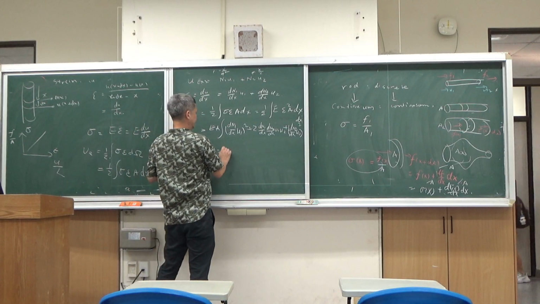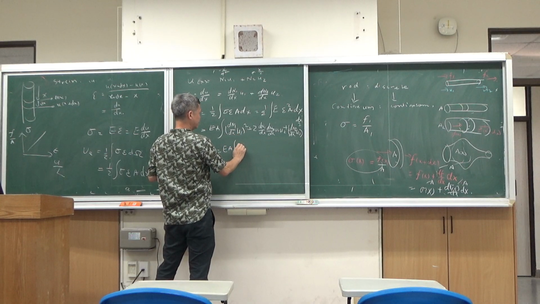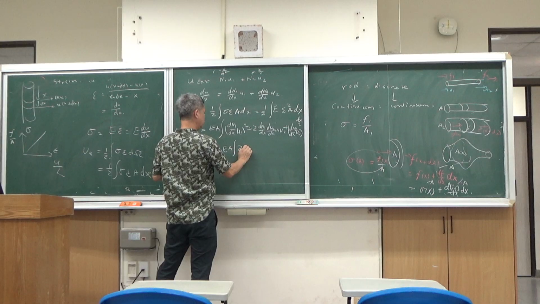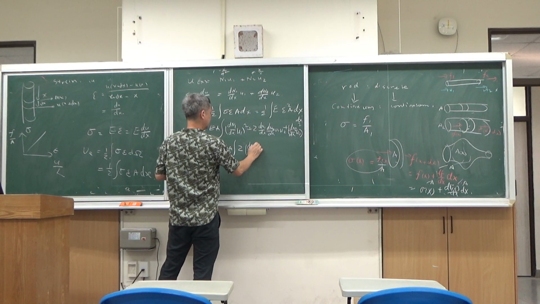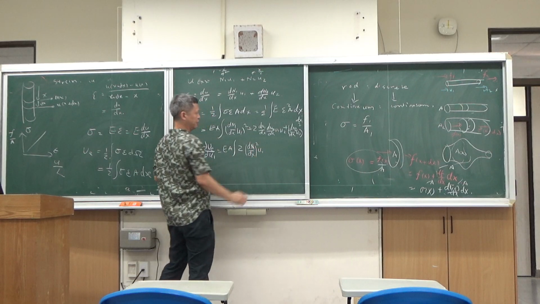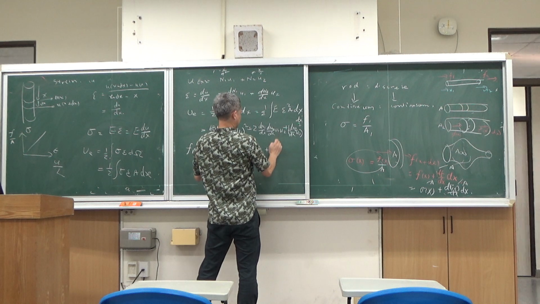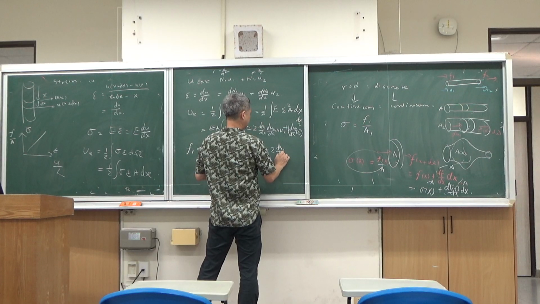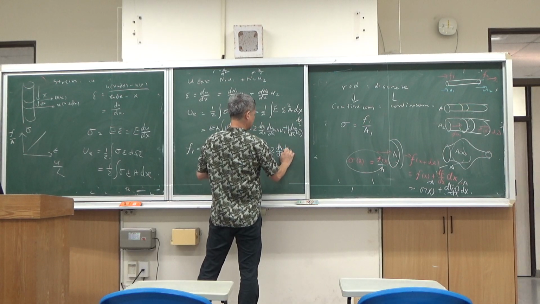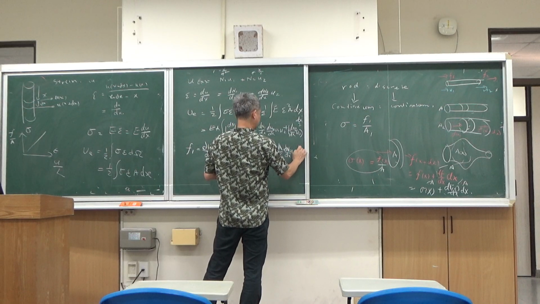So now you have EA integral. This one becomes 2 times the shape function gradient squared times u1. And then for the second term, it is 2 times the shape function gradient 1 times shape function gradient 2 times u2, and then this one is integration.